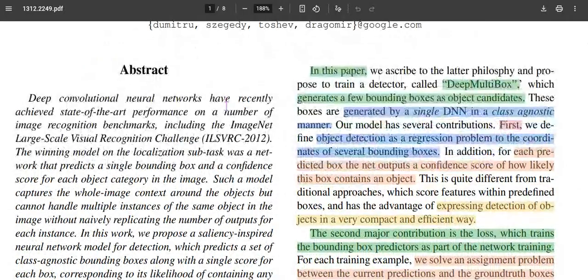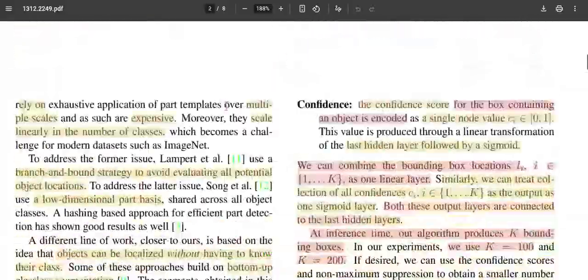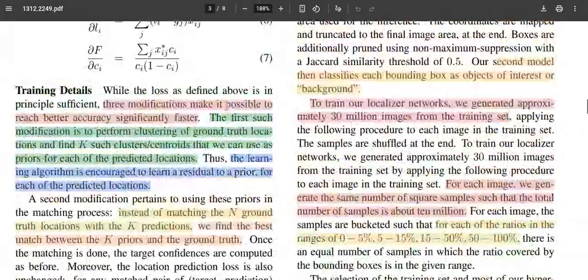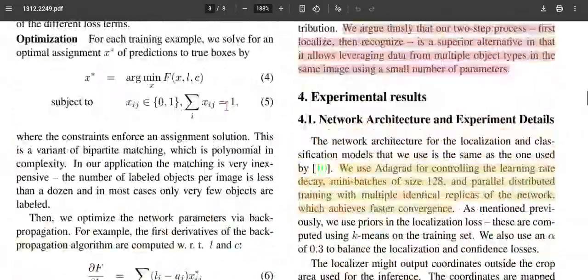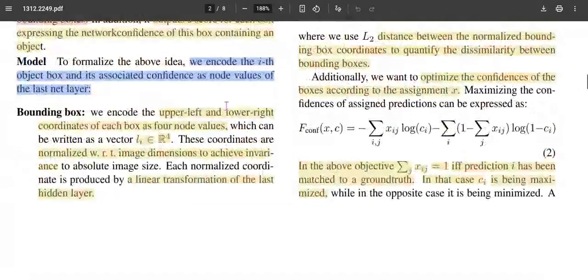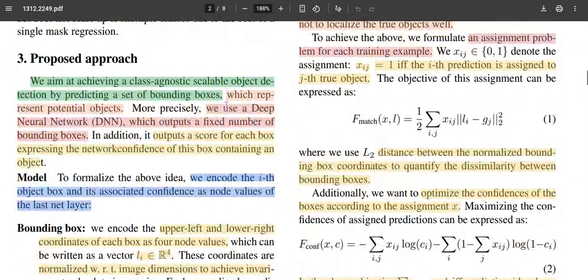What this paper does is clearly explained in section 3. We also put up poster presentations possibly today. So this paper gives a deep neural network architecture based object detection.